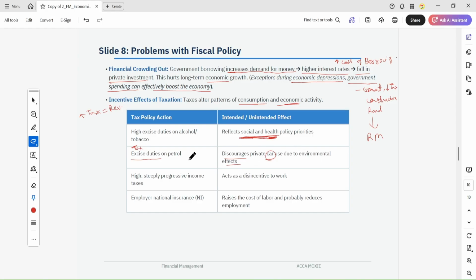Because if you increase the petrol price, people will try to avoid their own car and use public transport. So that will be another effect, and public transport is definitely environment friendly.